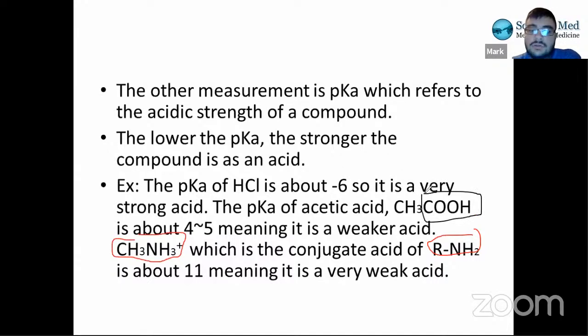You'll have to memorize these pKa's for when we talk about amino acids this Saturday, I believe, but we'll cover that more on Saturday. You should know the pKa of this is about 4 to 5, and the pKa of this is about 11.